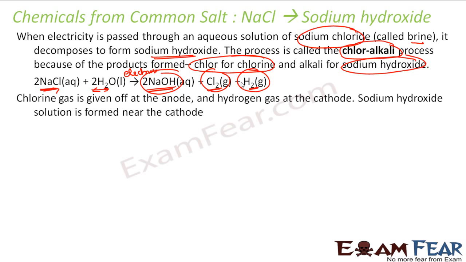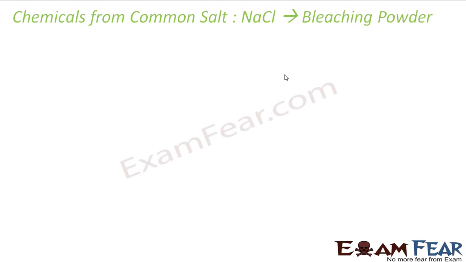So chlorine gas is given off at anode, hydrogen gas is given at cathode, and sodium hydroxide is formed near the cathode. This is how you form sodium hydroxide. You take that salt water, pass some electricity, you get sodium hydroxide, chlorine and hydrogen gas.